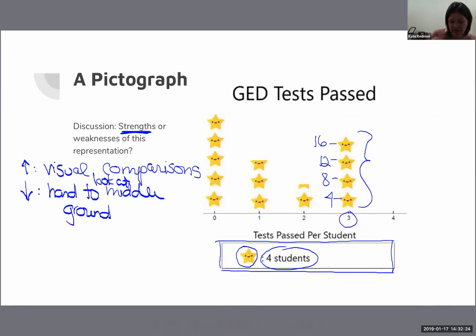You don't really know who's who or exactly what their things are. Yeah. But what was I saying? Oh, unlike the last one, it's not quite as messy. So I was able to take a lot of information and using that key, bring it down to a smaller symbol. So that's nice. That's actually a benefit. I can get more data onto the same graph by using that key to represent more than one thing.